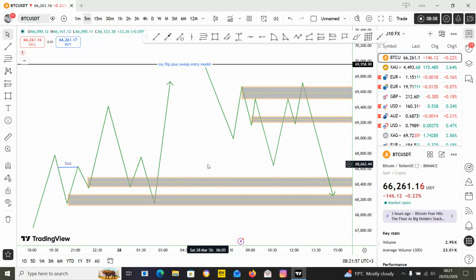I'm gonna explain to you this entry model after taking you through this bearish scenario.